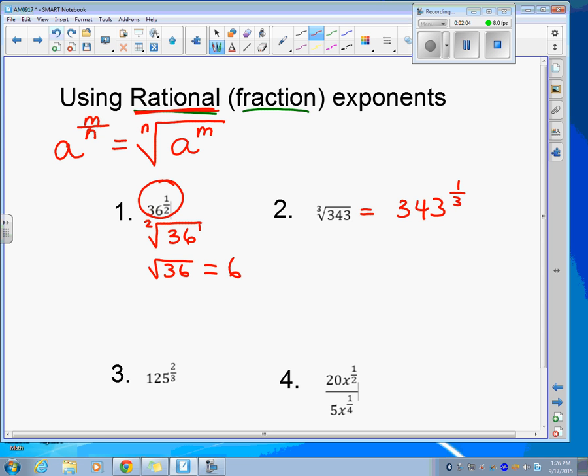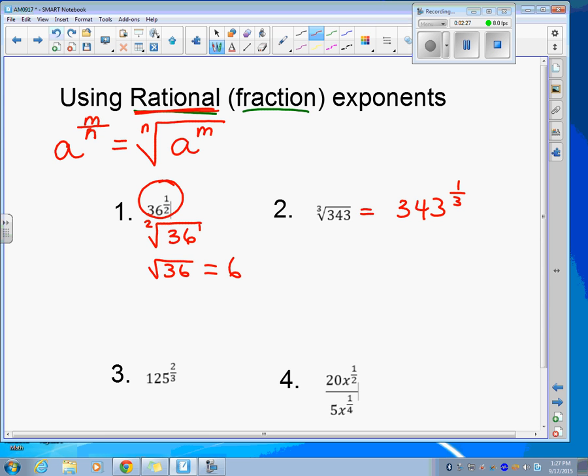Now, anybody can plug that into their calculator and get the answer. But one of the things your quiz is going to ask you to do is to simplify this without using a calculator. Now, I'm not going to take your calculator away, but you do have to show your work. So you can use your calculator to figure this out, but you're still going to have to show your work.